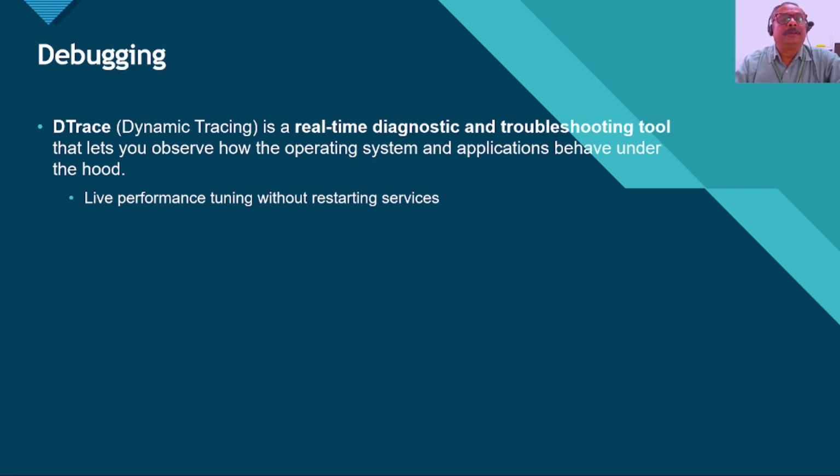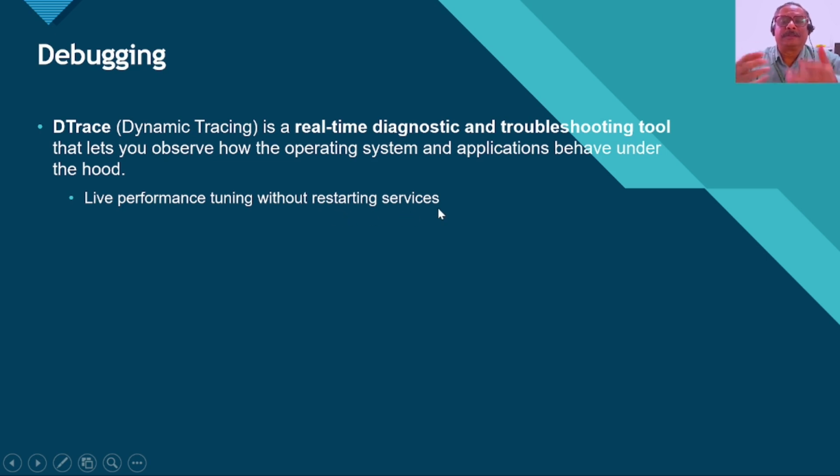Then we have dtrace, which is a dynamic tracing, real-time diagnostic and troubleshooting tool which lets us observe how the operating system and the applications are behaving under the hood. It gives live performance data and enables live performance tuning without restarting the services.